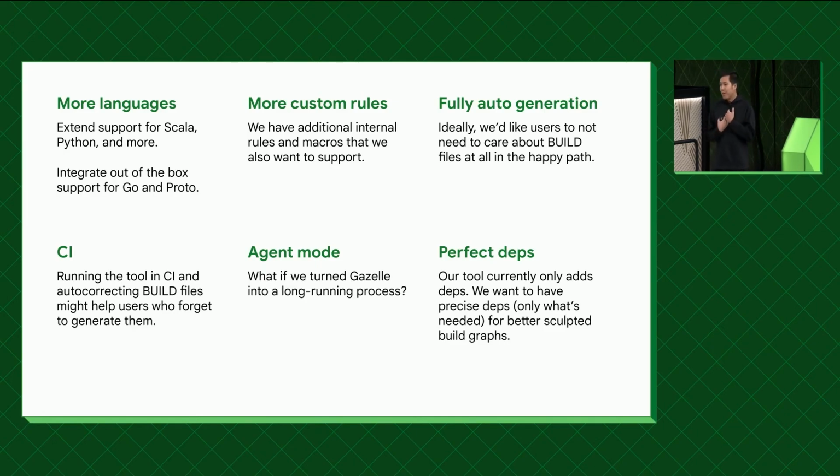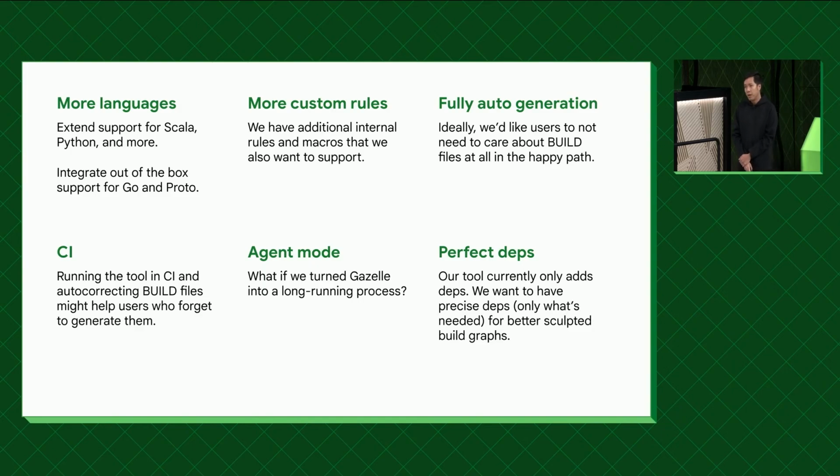One dream I have personally is fully automatic generation. If you look at how Gazelle works for Go, the happy path is fully automated generation, right? Speaking to some Go developers at Stripe, they don't think about Gazelle all that much because it just kind of works. It does it for them, right? We want to get to that point for every other language that we have at Stripe.